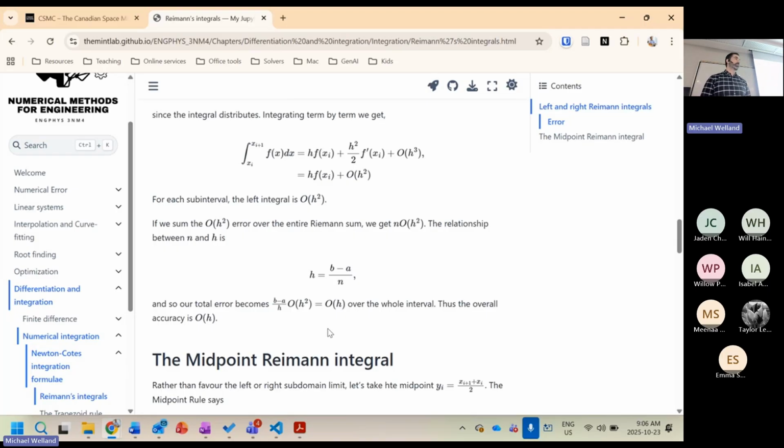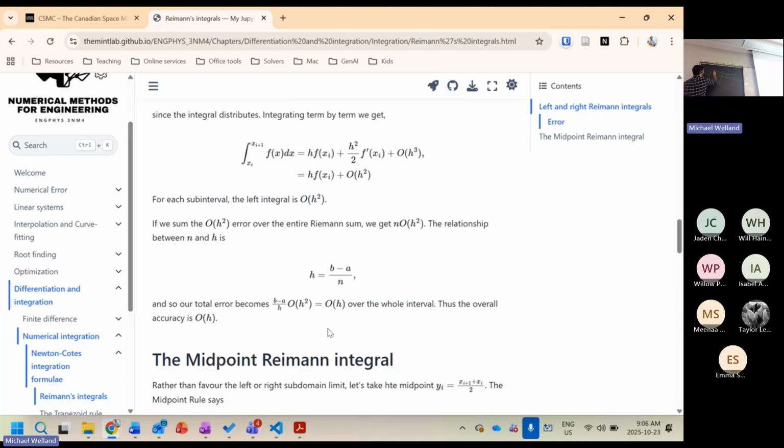Does that make sense? Kinda? It becomes a little bit of a balancing act, right? Because if this is your total integral, from a to b, right? If you just take this entire thing as a single subdomain, you could do it. It would be a bad answer, but you could actually do it.